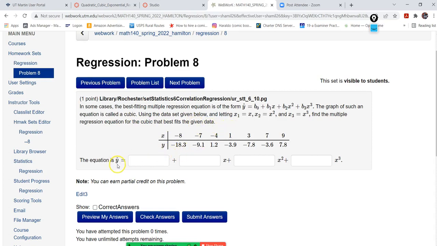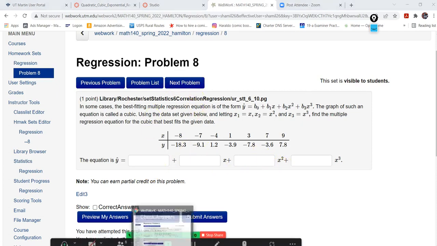They give you this function that they sometimes call y hat in statistics. Be very careful how they're asking you to put your coefficients in. They want you to start with the constant, then the coefficient for x, then the coefficient for x squared, and then the coefficient for x cubed. Be extremely careful there, because your calculator gives them in descending order: it starts with the coefficient for x cubed, then x squared, then x, and then the constant. So we're going to look at one like that.